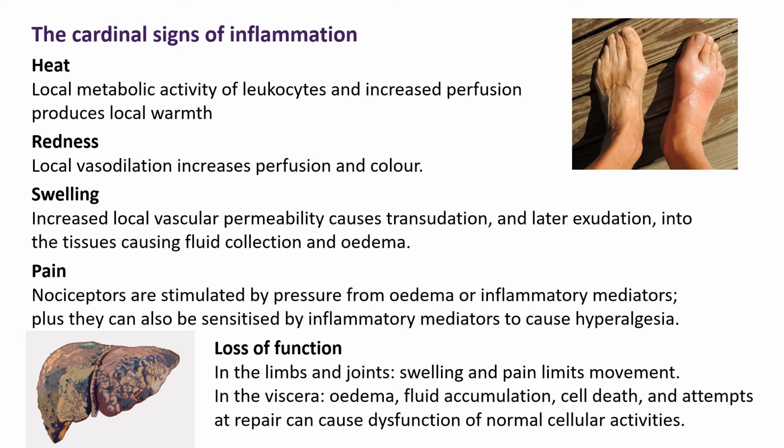We have cell death potentially within organs, within tissues inside us. And we have attempts at repair. All of these can cause dysfunction of normal cellular activities. So loss of function can be visible, but it also can be invisible. And this is where we get a lot of our pathogenesis from, our pathology of diseases.